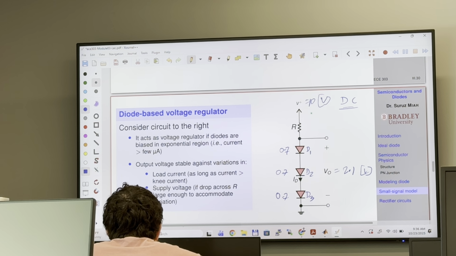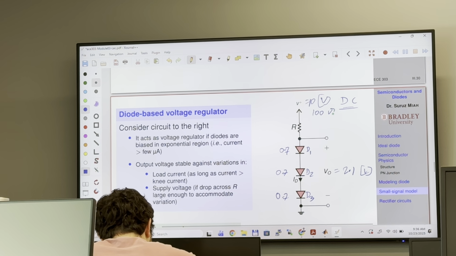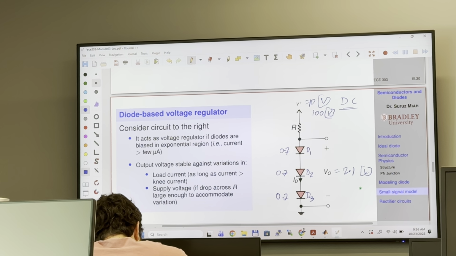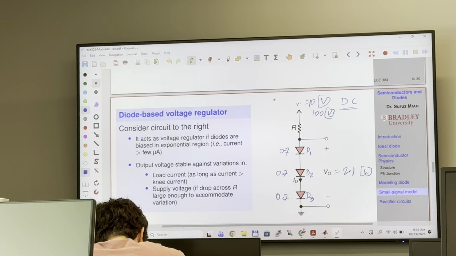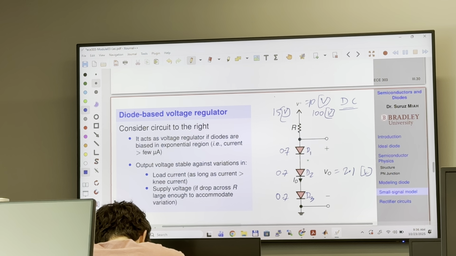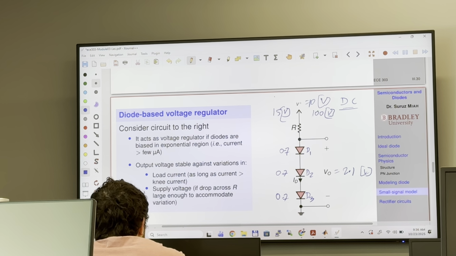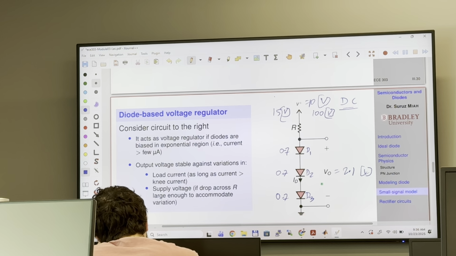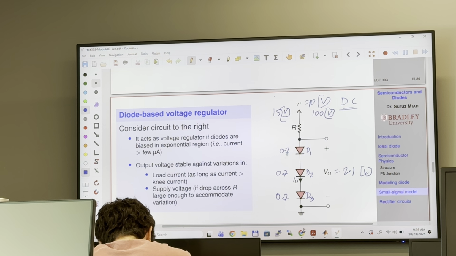Now, if you put, let's say, 100 volt right here, still the output is going to be 2.1. Do you see that? It is a DC voltage regulator. You vary the DC voltage source, and your output voltage is going to remain the same because of the diode constant voltage drop.